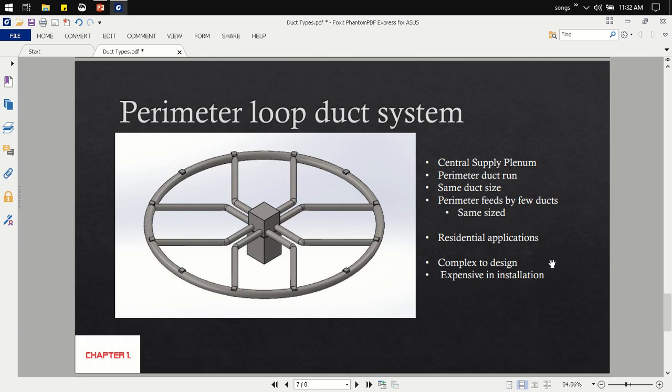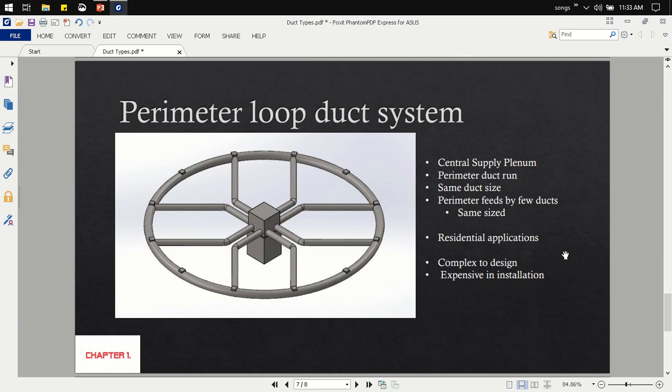These are relatively more complex to design than the radial one and quite expensive to install. They are mostly used in residential applications and are very much ideal for those.